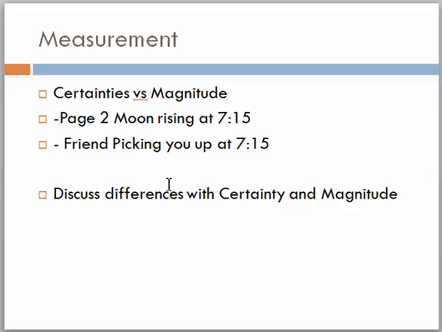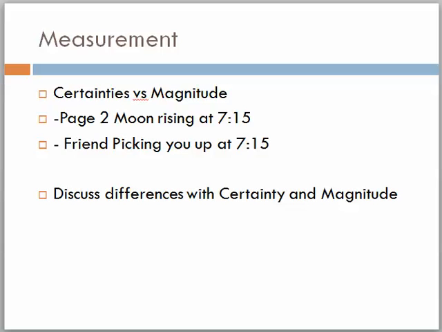Measurement: certainty versus magnitude. The moon rising at 7:15, that's a certainty. They can calculate that. They know exactly the geometry behind it. The moon is going to rise at 7:15 just because it is a calculated value.